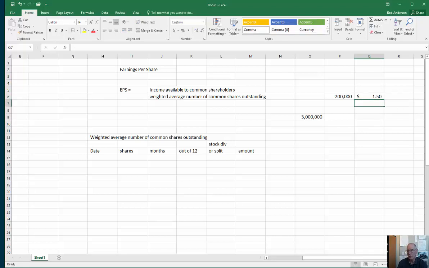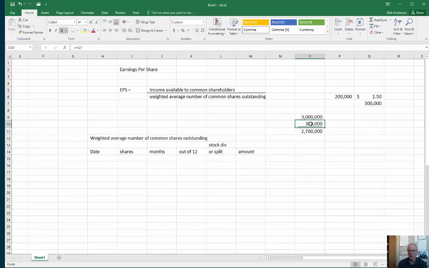Okay, so we can easily multiply this out, and we can say that the preferred dividend is $300,000. So common shareholders own all of this except for the $300,000. We take that away, and in this little example, that $2.7 million is income available to common shareholders.